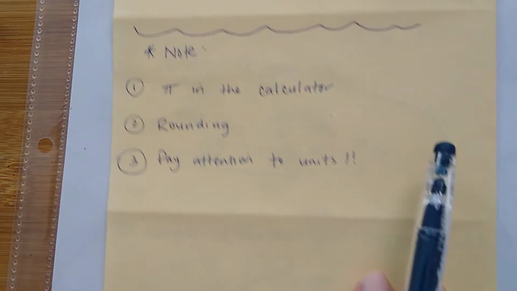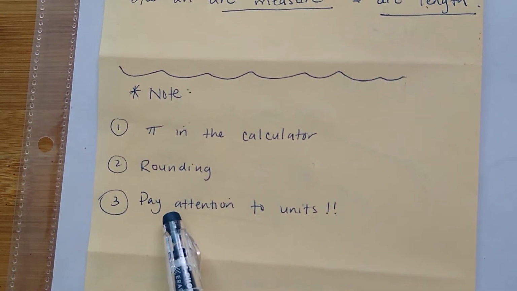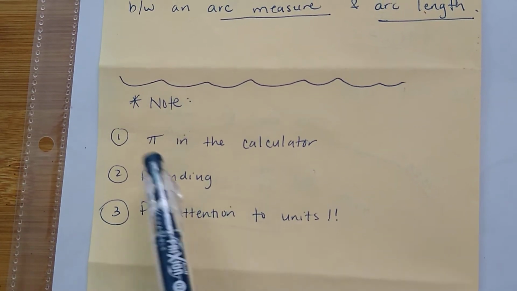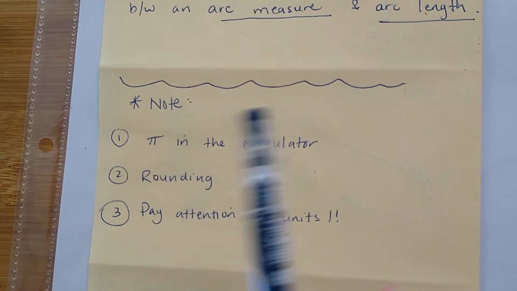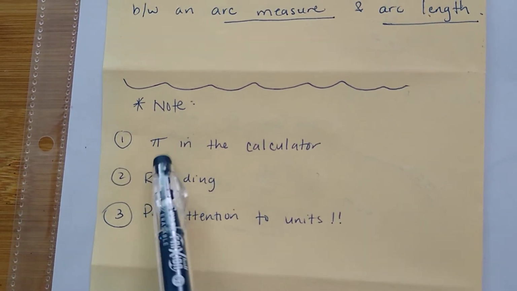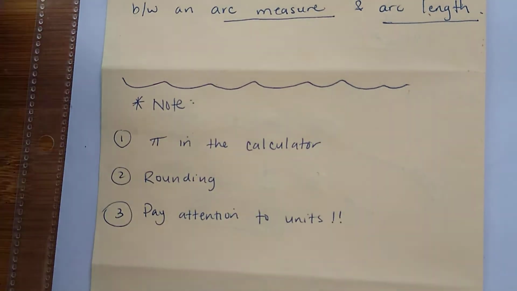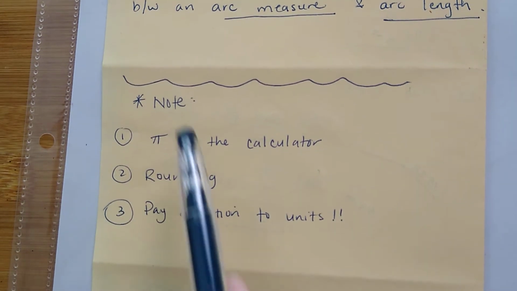Okay, so now there were three things I wanted to note as I was going over lesson 11.1. The very first one is pi. So pi in the calculator, we know that's 3.1415, it keeps going on forever, right? But we're not going to actually round it this time.